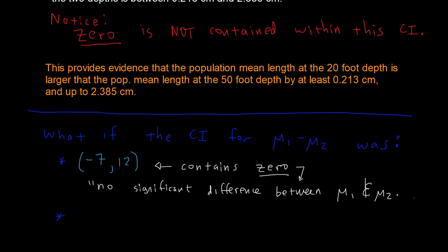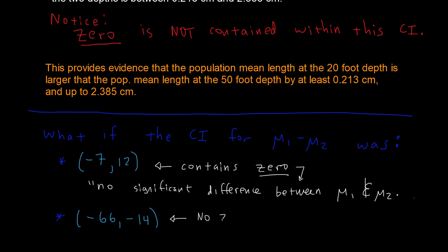Again, to contrast, let's look at another scenario. Second bullet point, what if the confidence interval was, I don't know, -66 to -14. So these are two negative numbers. Does that contain 0 in that interval?